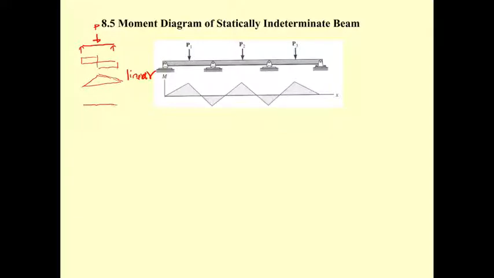However, if you have the same beam subjected to a uniformly distributed load, your shear diagram is going to change to linear, and your moment is going to be a kind of quadratic function.